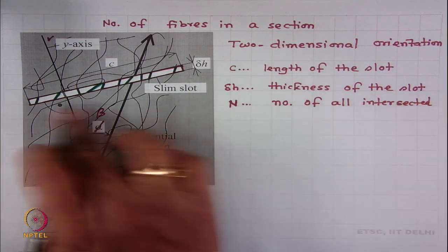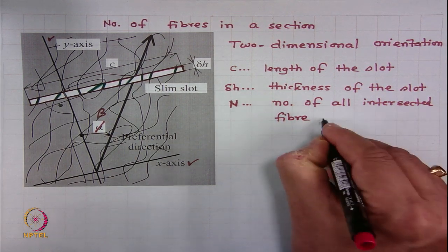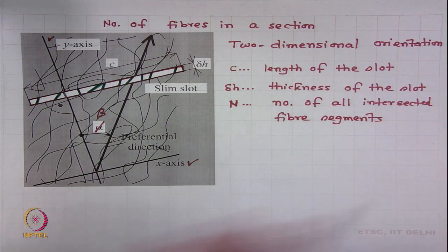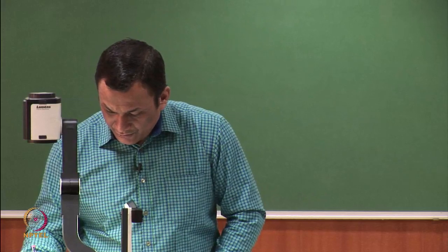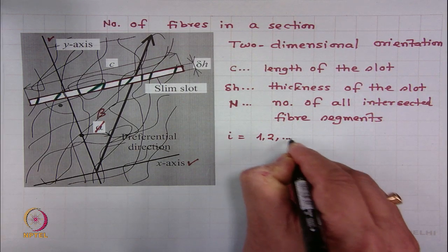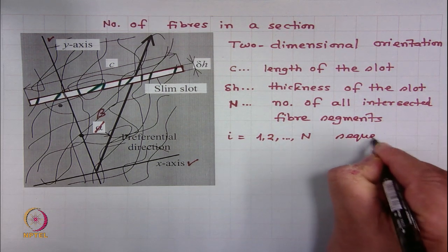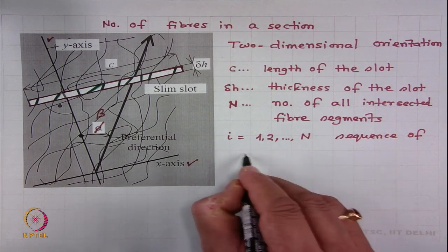Green color we have used for them. And these intersected fiber segments, let us use some subscript, say i, to denote them. 1, 2, likewise n is the sequence of intersected fiber segments.